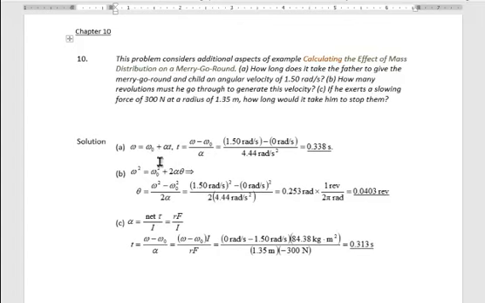The equation here is correct, but as they're asking for the time, well, it starts from rest. It acquires 1.50 radians per second. That's here. But where's the alpha coming from? Where is the angular acceleration coming from? Well, that actually is Newton's second law. So I'm going to give myself a break to actually compute that.